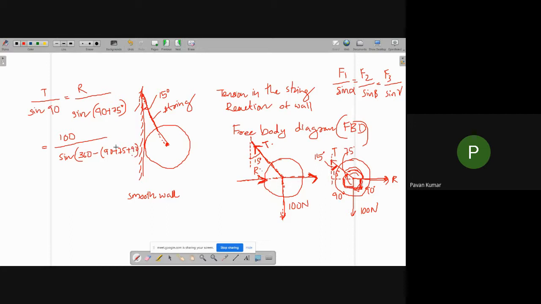By solving this equation you get T and R.